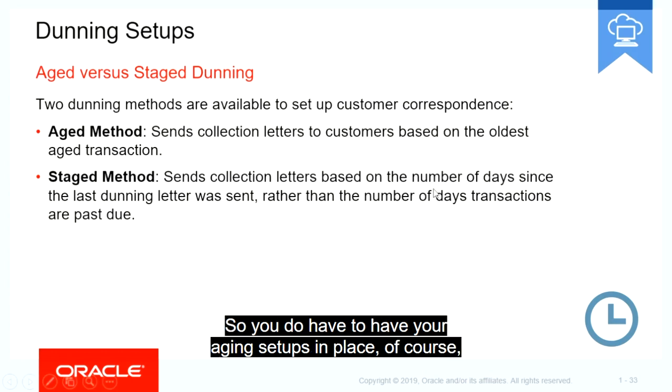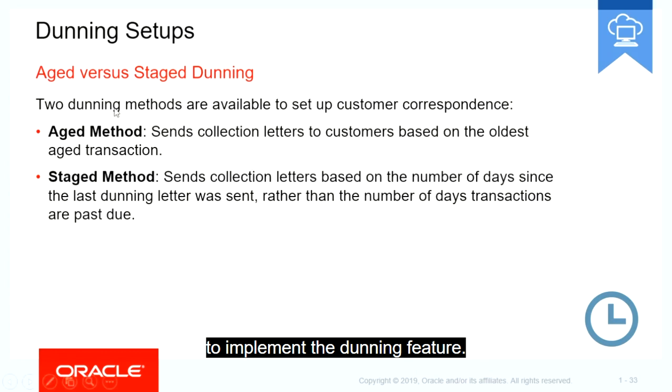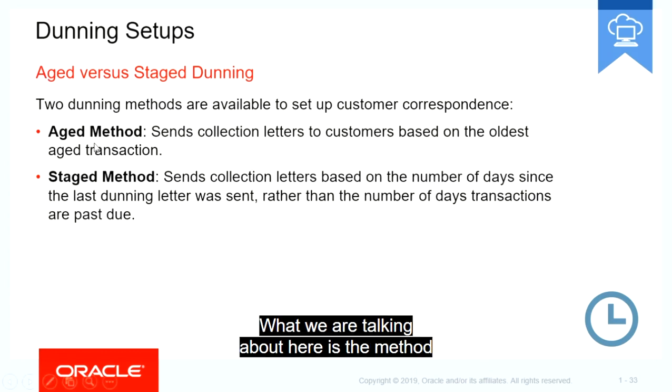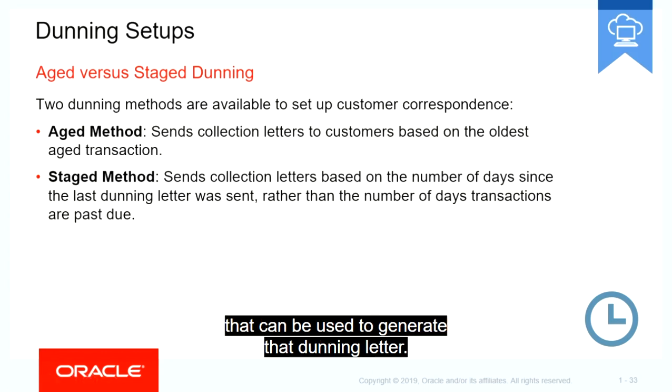So you do have to have your aging setups in place to implement the dunning feature. What we are talking about here is the method that can be used to generate that dunning letter. And based on that method, certain transactions are going to be displayed in a dunning letter.